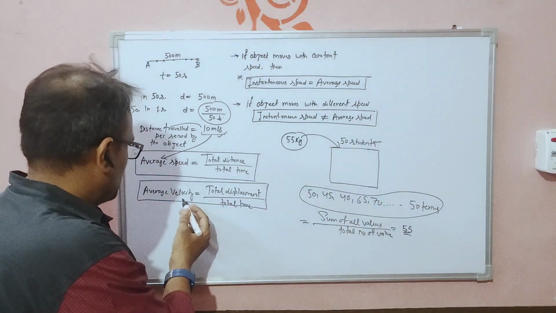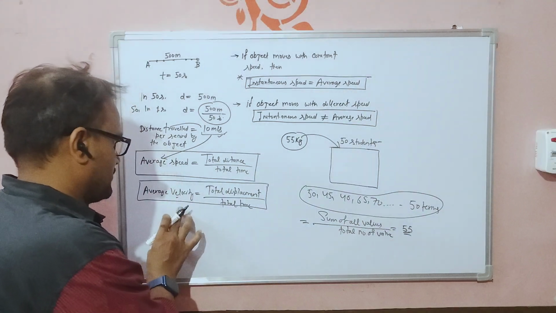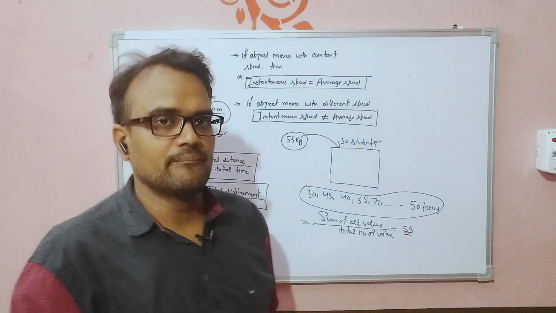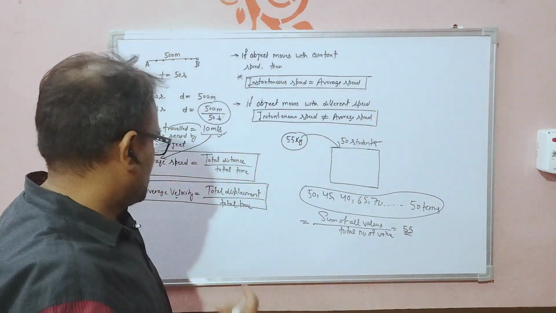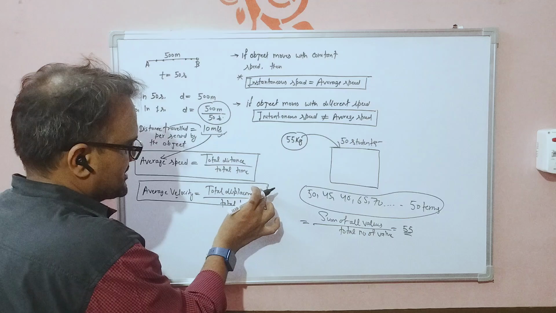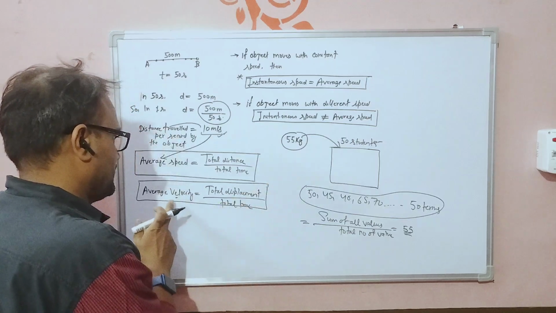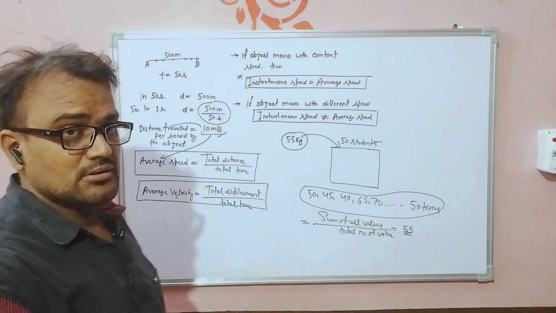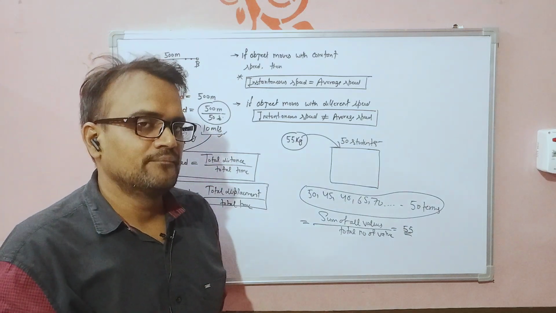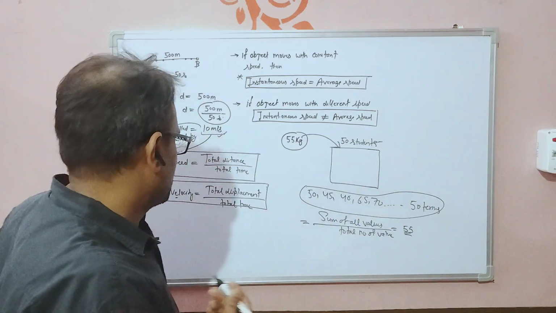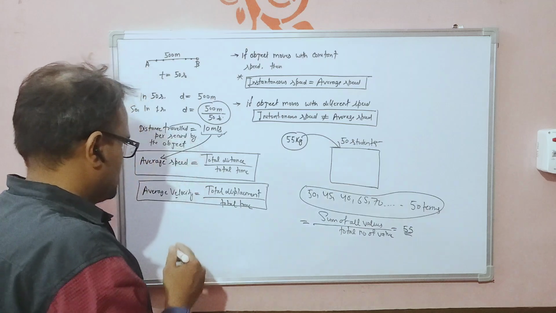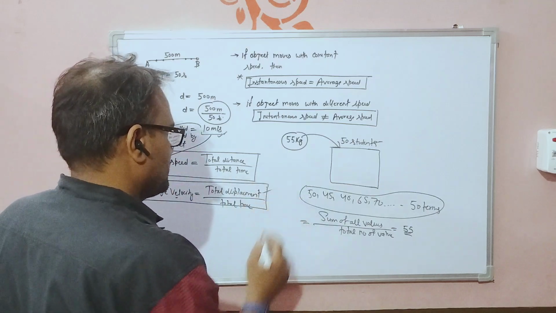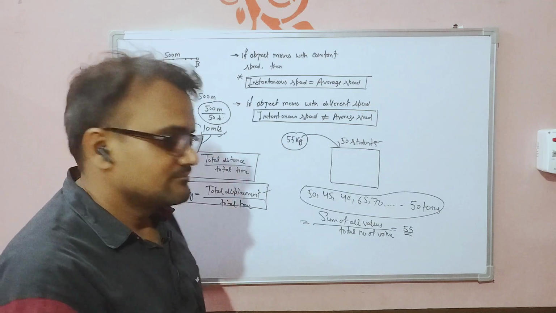Now let's take a look at this expression: average velocity is equal to total displacement upon total time. Here you can notice displacement is a vector quantity, so the average velocity is also a vector. Now the question is, what is the direction of average velocity? From this equation it is clear that the average velocity is always in the direction of displacement, right?